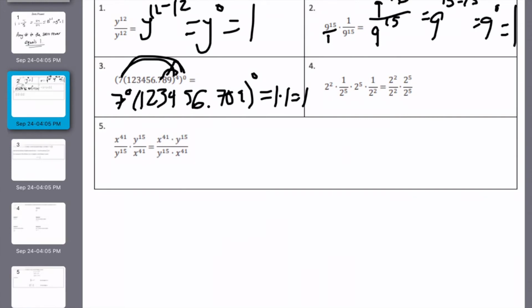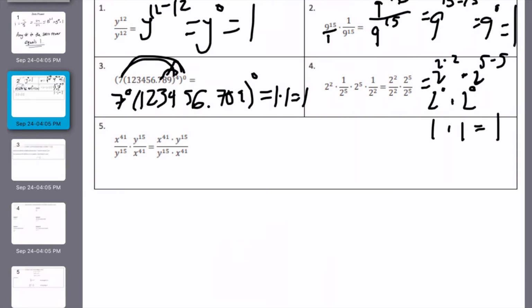All right, so number 4 was already rewritten for us, but I know that this is going to be 2 to the 2 minus 2 times 2 to the 5 minus 5, so 2 to the 0 times 2 to the 0, which is 1 times 1, which equals 1.